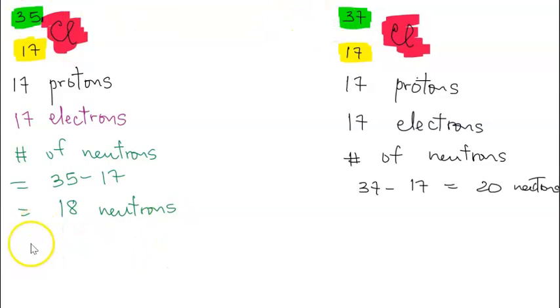What we call these kinds of atoms are isotopes.